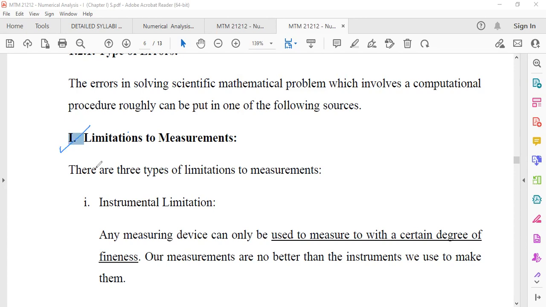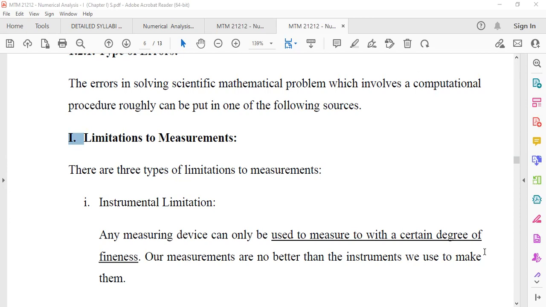The module was created earlier, some by me and some from other sources. This is my note, so if I make any changes, note them down in your notes as well. In the next lectures, I will try my best to give you my same notes. So that was limitation to measurements.